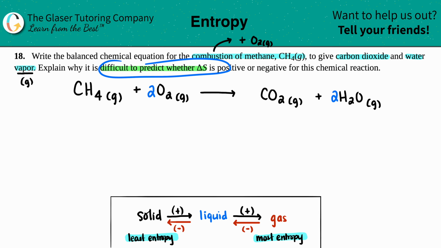Why is this difficult to predict whether that delta S is going to be positive or negative? Well, when we're talking about delta S, keep in mind that delta S is just the change in entropy. And when we're talking about the change in entropy, we're talking about the randomness of the molecules inside of the system.